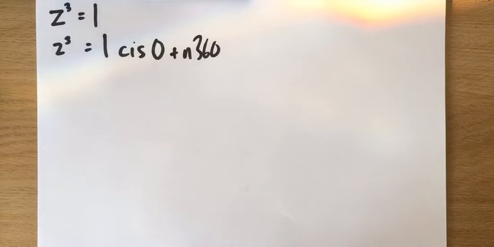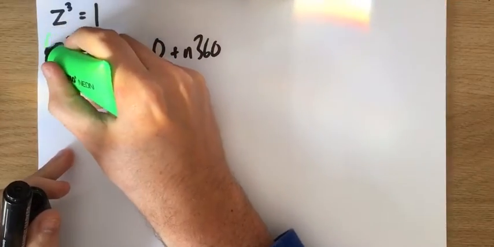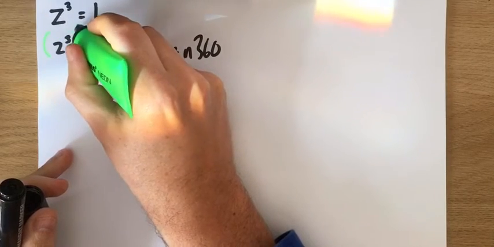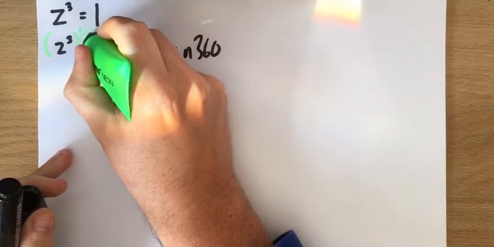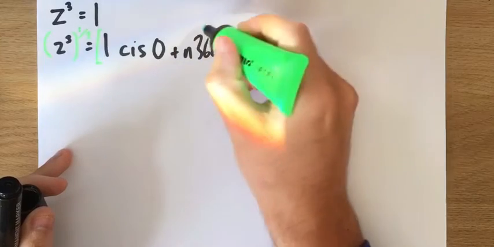All right, so I'm going to get the cube root of both sides. I'm solving for z. So the cube root of this side is the same thing as the power of a third.